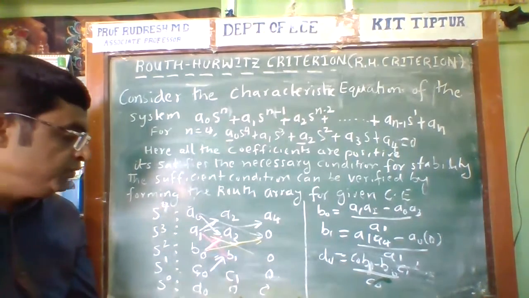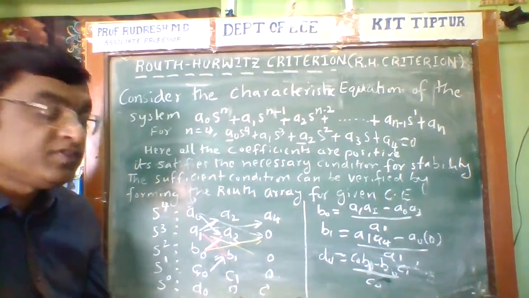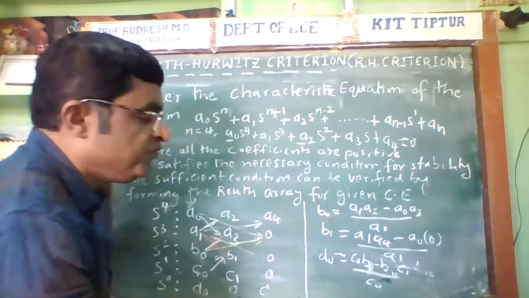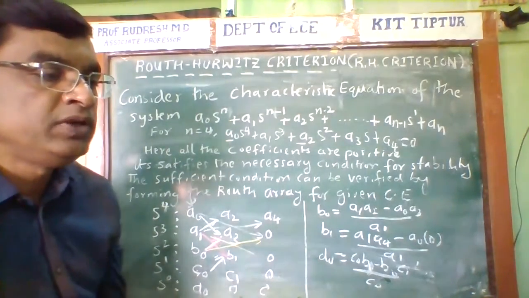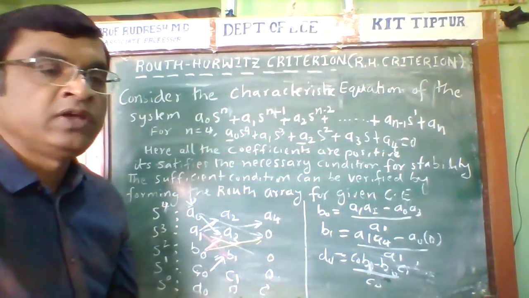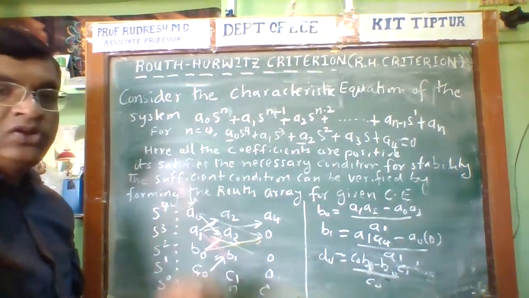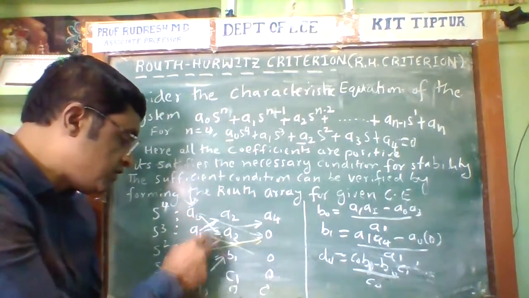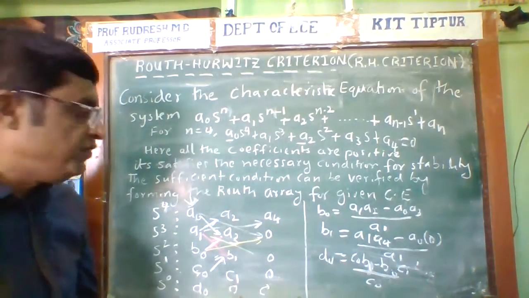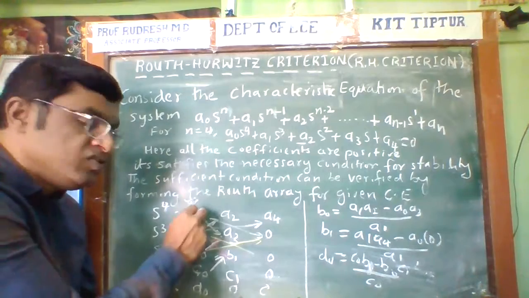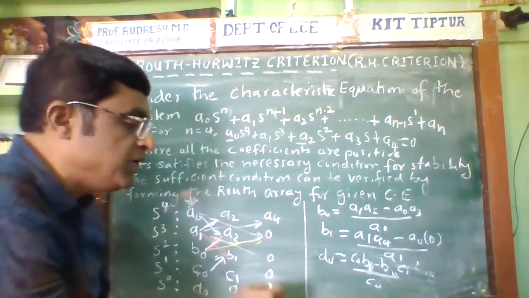Now in order to verify the system stability, for systems to be stable, what will be the condition here? For systems to be stable, after forming the root array, each term in the first column must be positive. This is the first column, this is the second column, this is the third column.